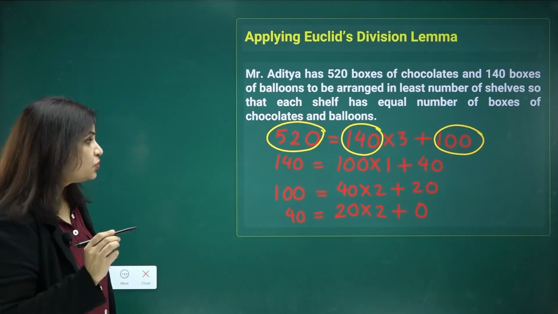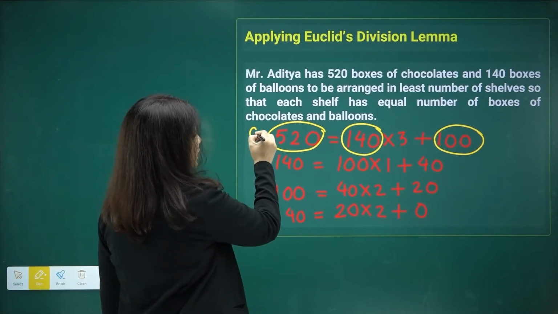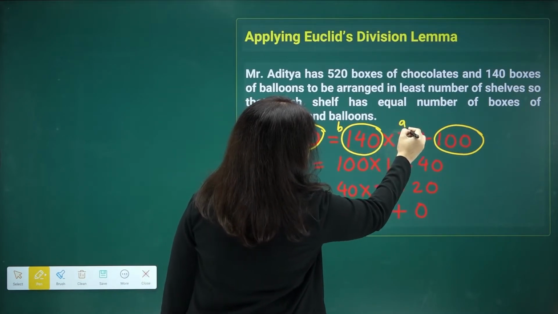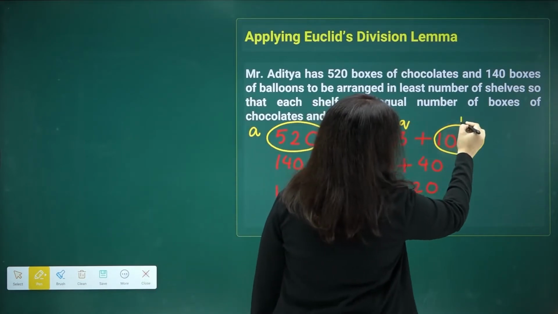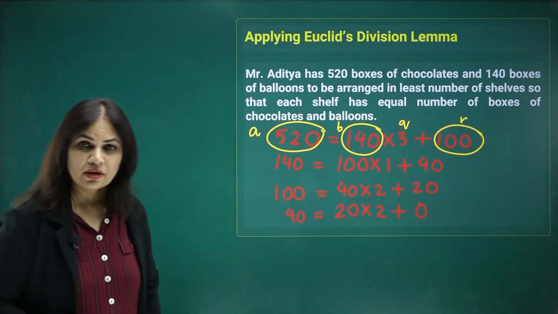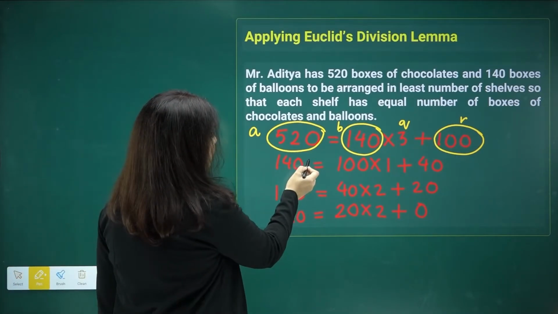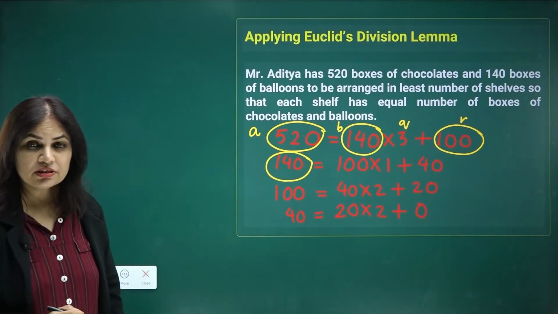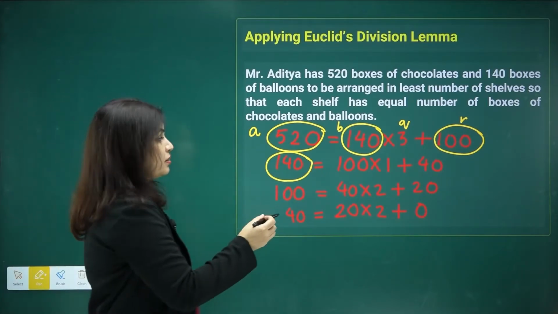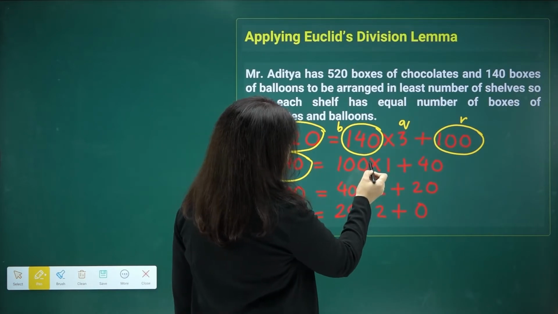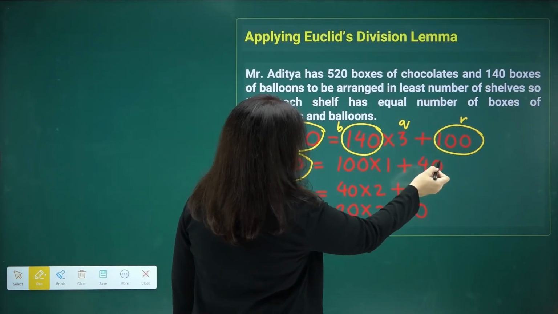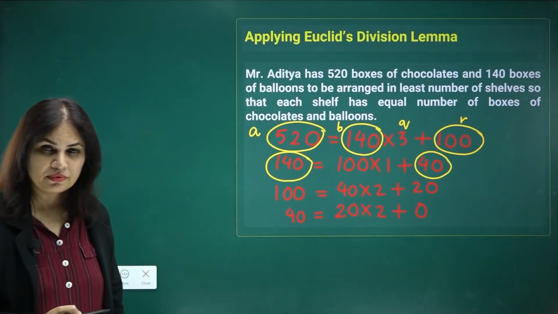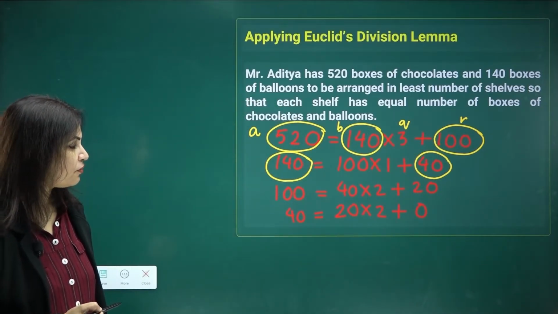So, using Euclid's division lemma, this is my A, this is my B, this is Q, and this is R. Again, R becomes my dividend in the next step. 140 equals 100 into 1 plus 40.